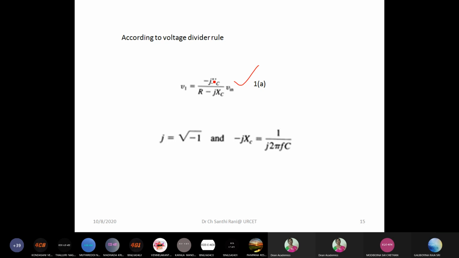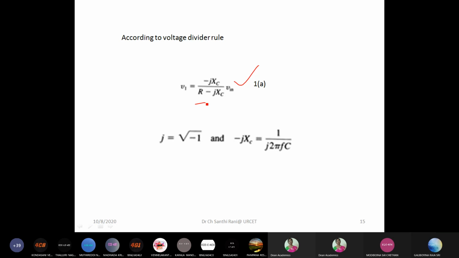That is V1 is equal to minus jXc by R minus jXc into Vin. Now, in this equation, you divide numerator and denominator with minus jXc and tell me what you get.